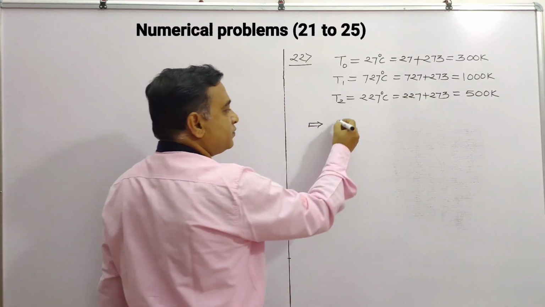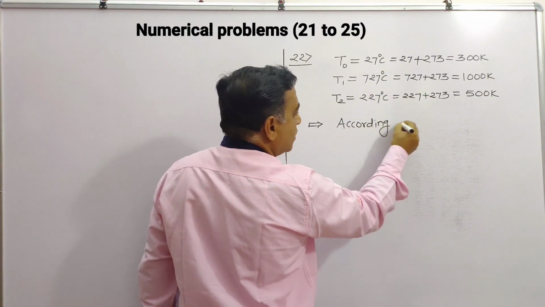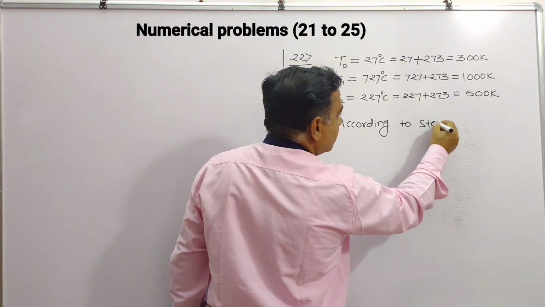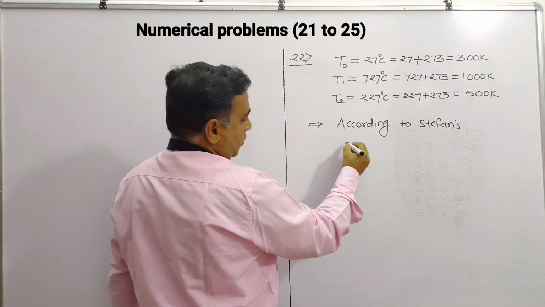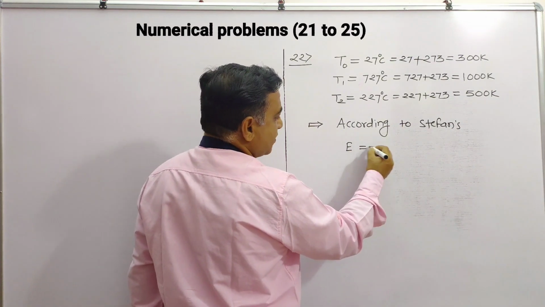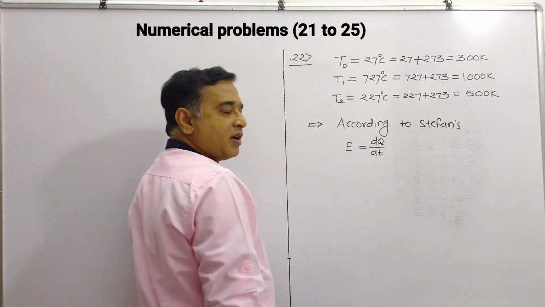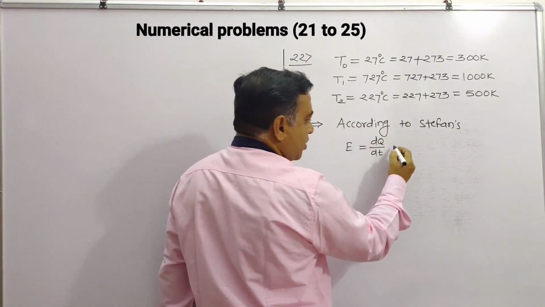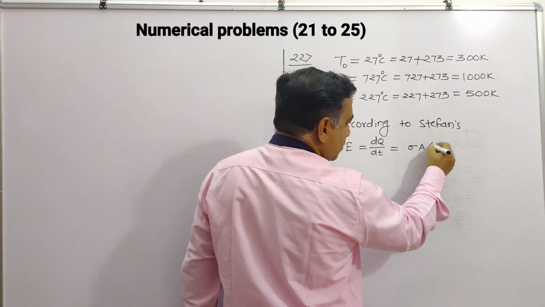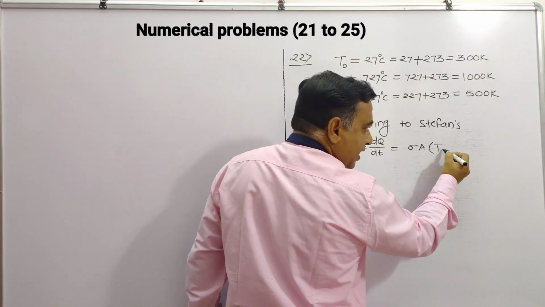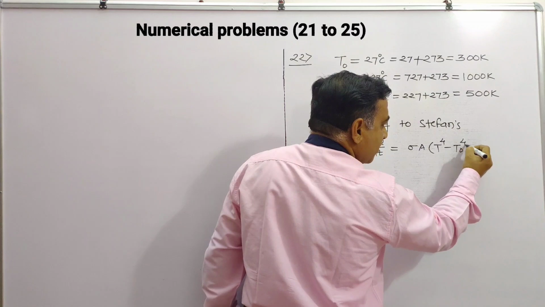According to Stefan's law, with respect to the surrounding, we have already taken this formula. We know that E, the emissive power, that is dQ upon dt, is given by sigma into A into T raised to power 4 minus T0 raised to power 4.